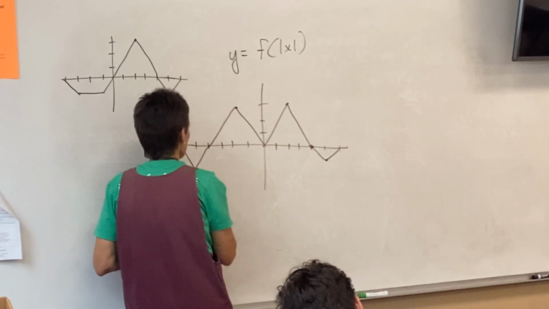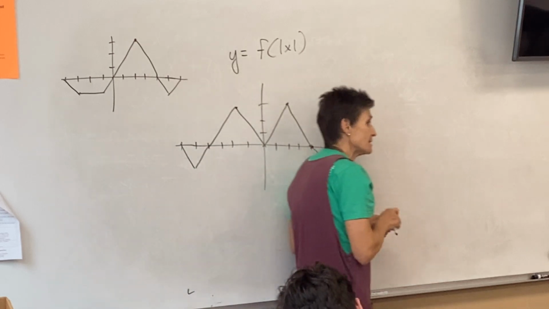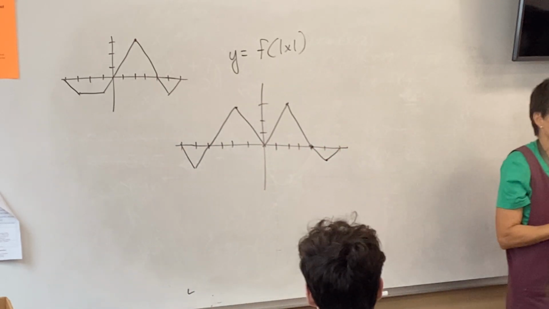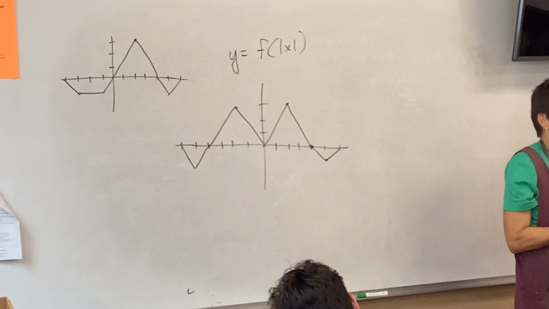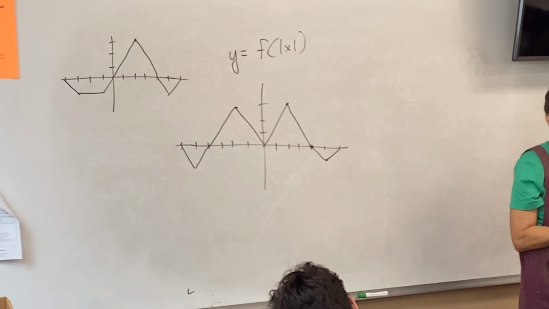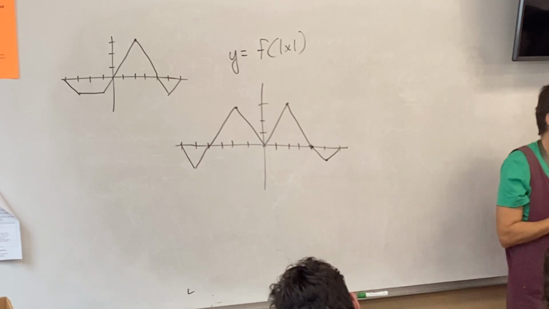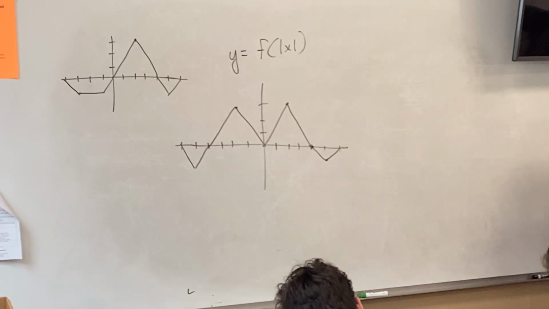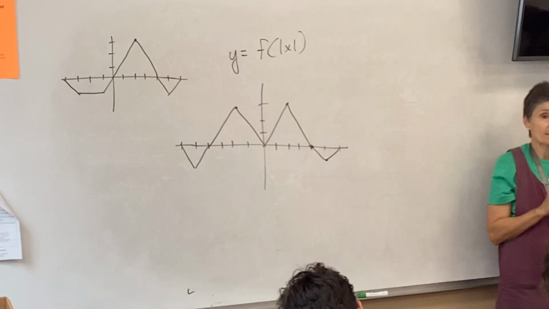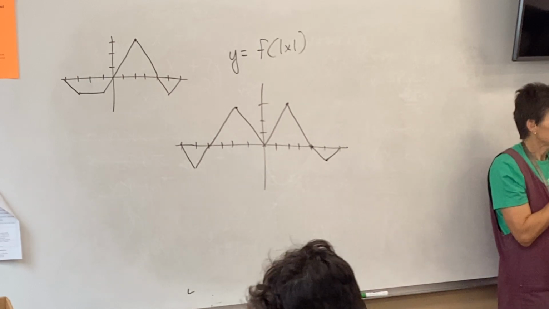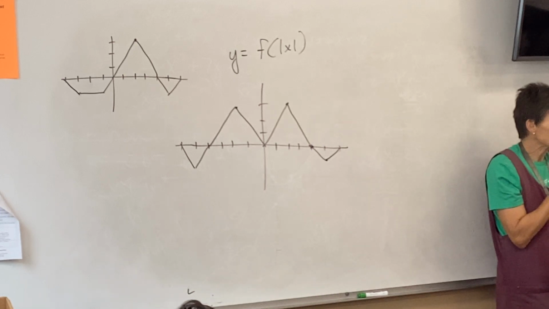So we draw the right side exactly as it is, and then mirror that onto the left. Now, what happened to the trapezoid? It's gone. In this transformation, the absolute value of x, we simply draw the right side and then redraw it on the left. That's it. That's how it works.